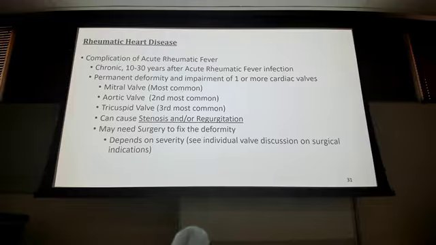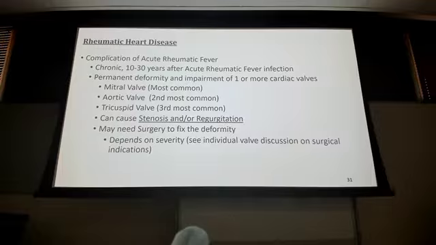But now we're saying 10 to 30 years after that is typically where you start to develop this chronic rheumatic heart disease. So now you're talking about 15 to 35-year-olds is when this chronic heart disease develops and presents. Okay.